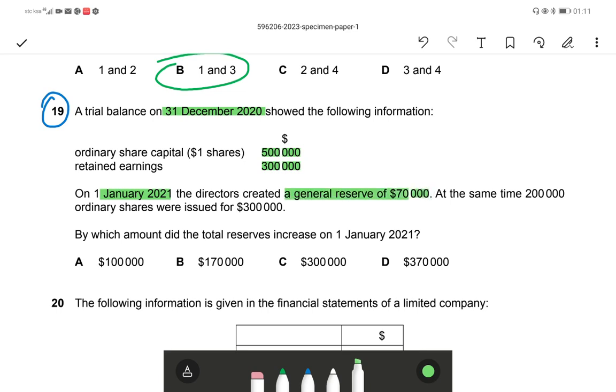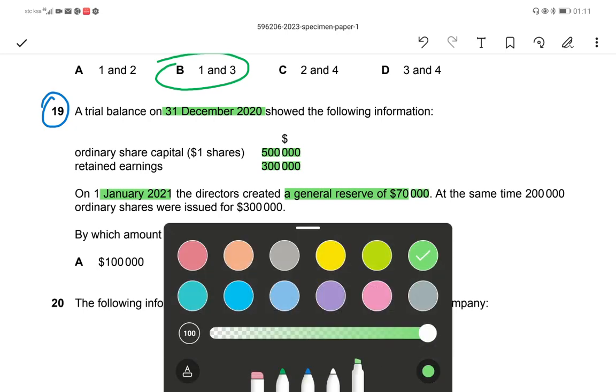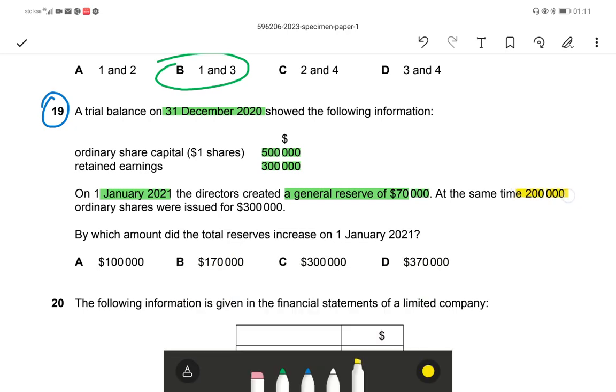At the same time, 200,000 ordinary shares were issued at 300,000. So 200,000 ordinary shares issued at 300,000 means they must be issued at a premium. Which amount did the total reserve increase on 1st January?